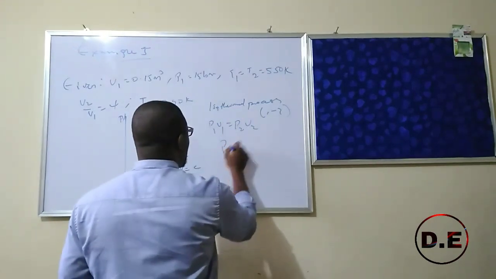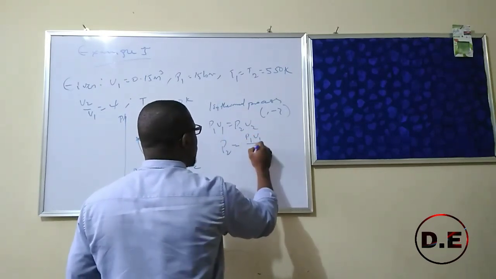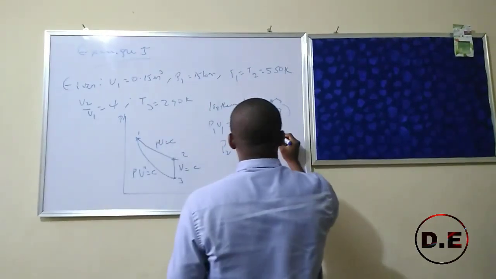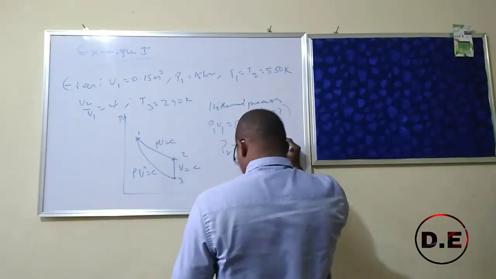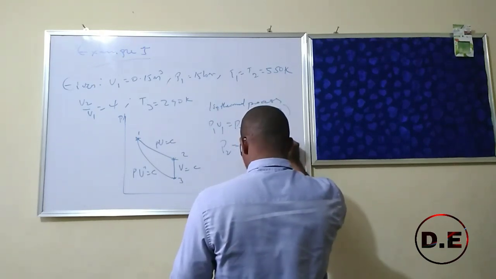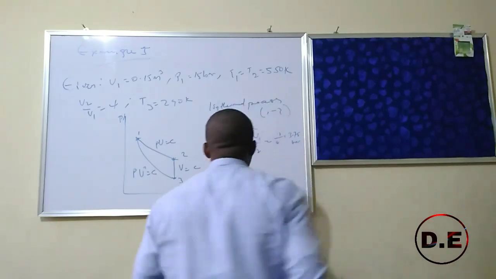So P2 is equal to P1V1 over V2. If I put the values here, we would have P1 over 4, that's 15 over 4, and that is 3.75 bar.